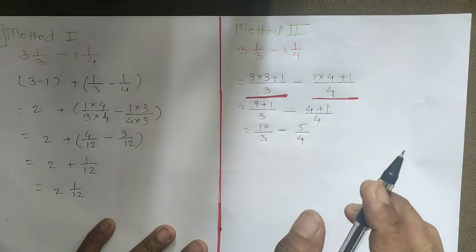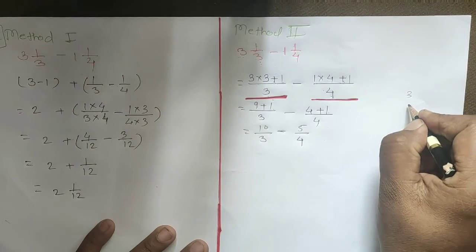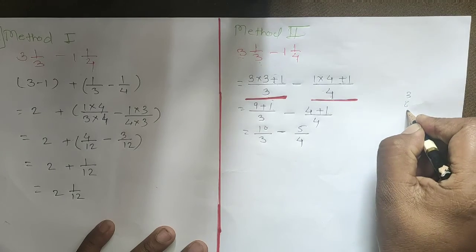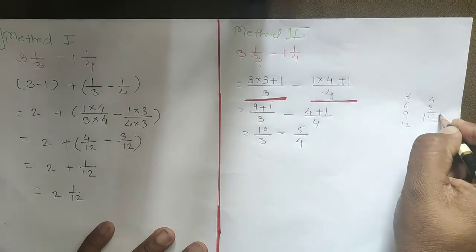Can we do the subtraction in this way? No, we have to make the denominators the same. For that, what do we have to do? As I told you before, 3 and 4 table: 3 2s are 6, 3 3s are 9, 3 4s are 12, 4 1s are 4, 4 2s are 8 and 4 3s are 12. The first common number is 12.